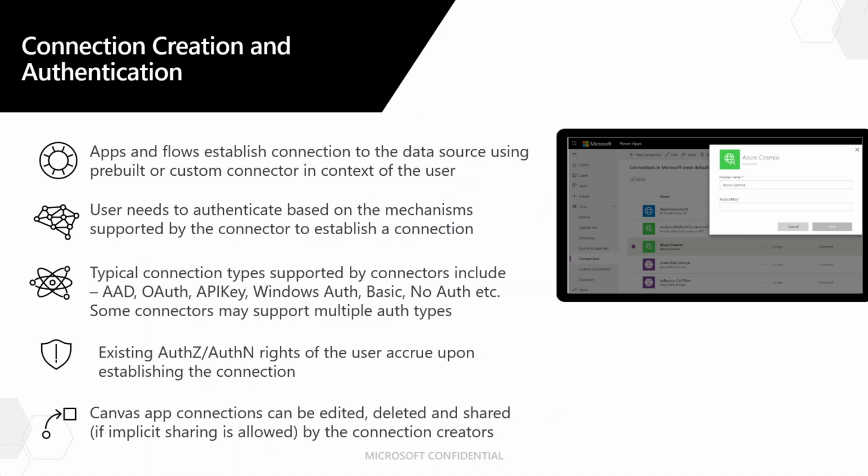Connection creation and authentication: apps and flows establish a connection to the data source using a pre-built or custom connector in the context of the user creating them. So if you create a flow and you use an Outlook connector, it's going to create an Outlook connection instantly in that flow, connecting to your mailbox. And then of course you can change that afterwards.